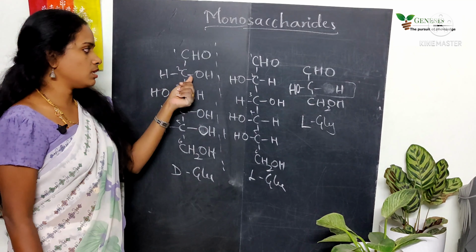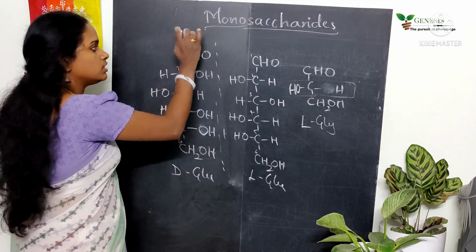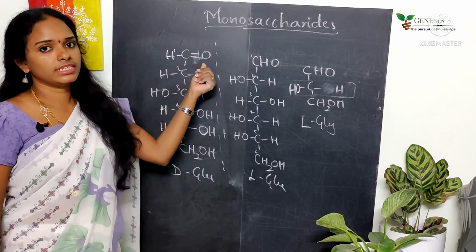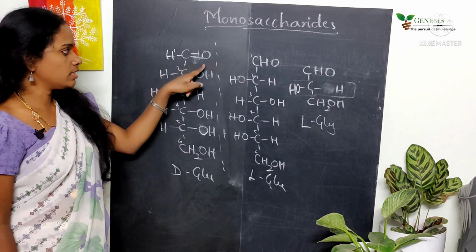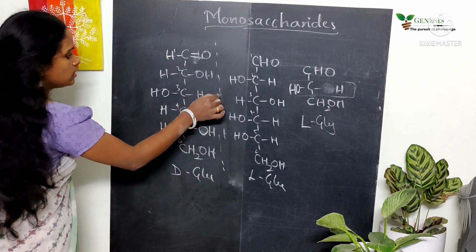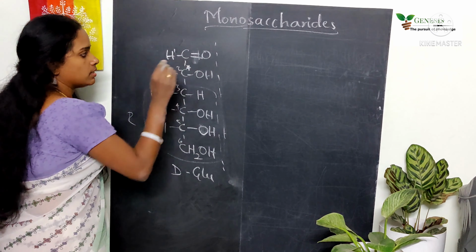The first carbon cannot be a chiral carbon atom because it is an aldehyde, double bond O. The second one contains aldehyde, OH, hydrogen, and the remaining whole thing as R, so this is a chiral carbon atom.